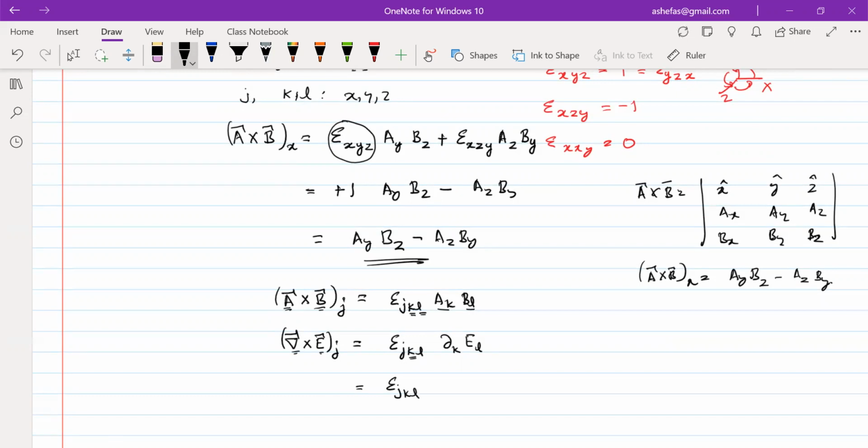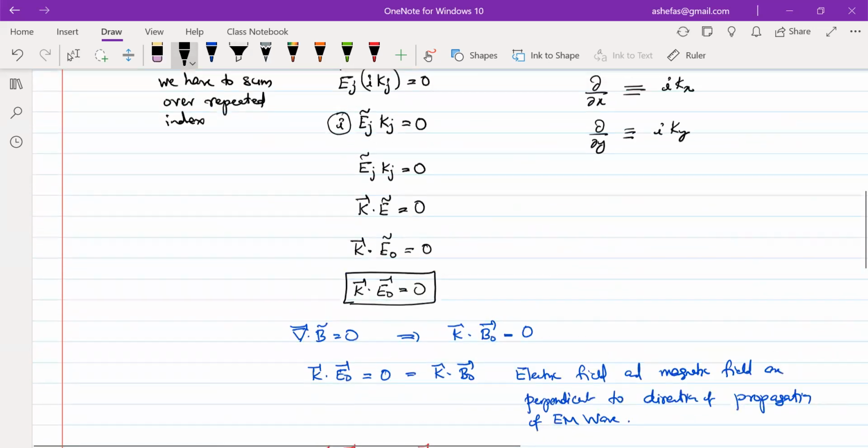Okay, now the derivative of the electric field. Here we have to write it as a complex vector. The kth derivative of the electric field is simply the corresponding component of the k vector times the electric field.